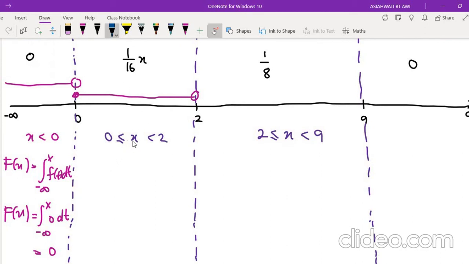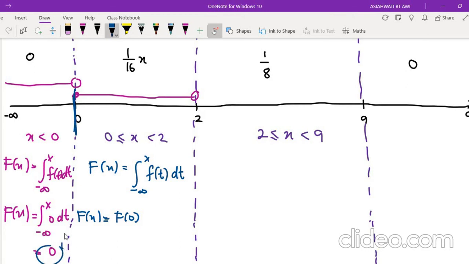For this interval, where x lies between 0 and 2, to find the cumulative we still use the same formula. We need to integrate from negative infinity to x of f of t with respect to t. So F of x is equal to F of 0, from negative infinity up to 0, plus the integral from 0 up to x. Here x is somewhere between 0 and 2.